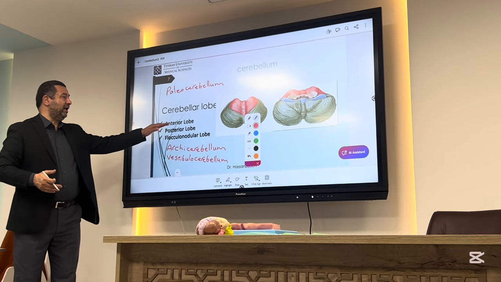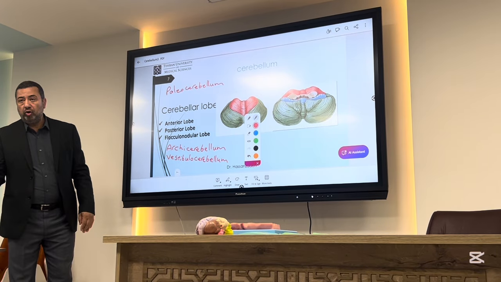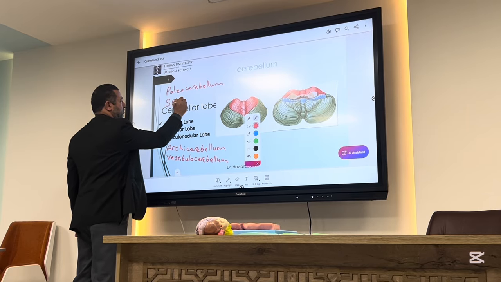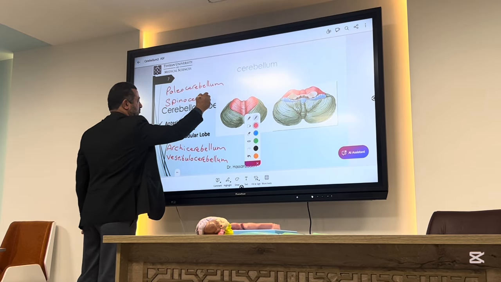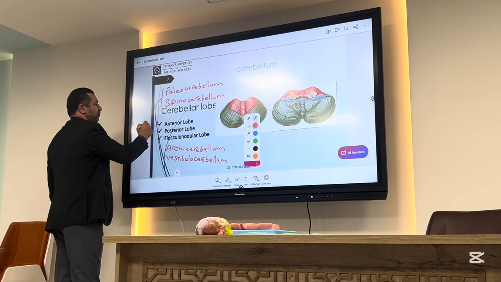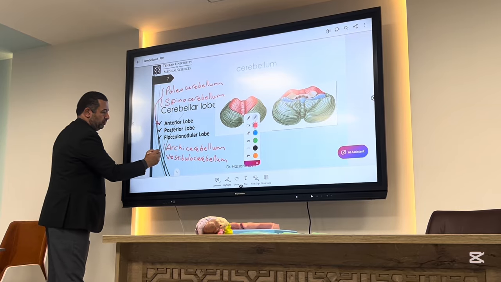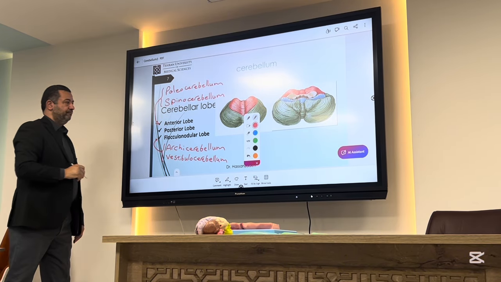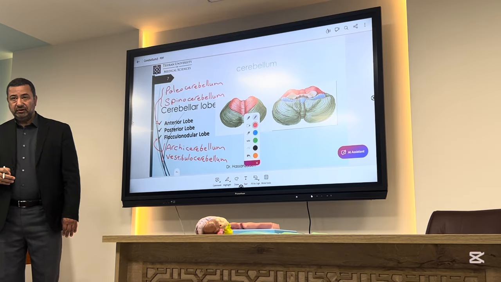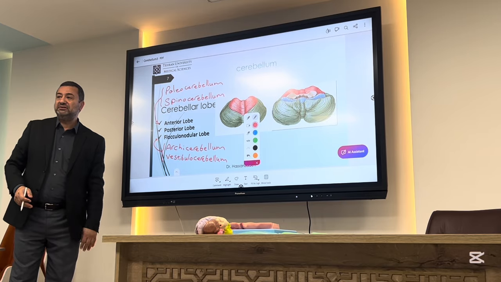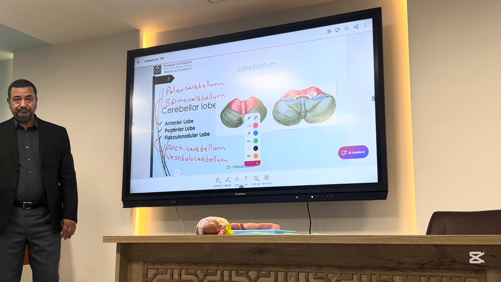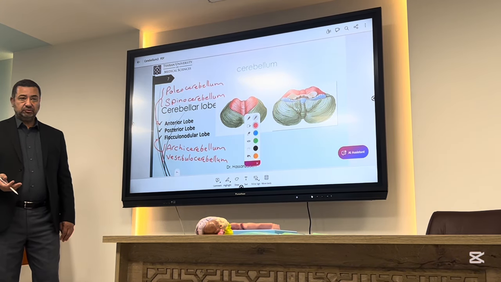Based on connection of the anterior lobe with the spinal cord, another name of the anterior lobe is spinocerebellum, or spinal cerebellum. Is it clear? The main function of the anterior lobe or spinal cerebellum is maintaining of the muscle tone.